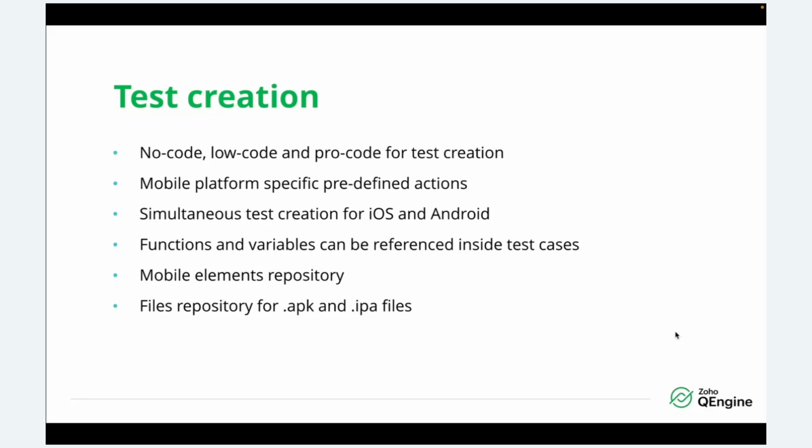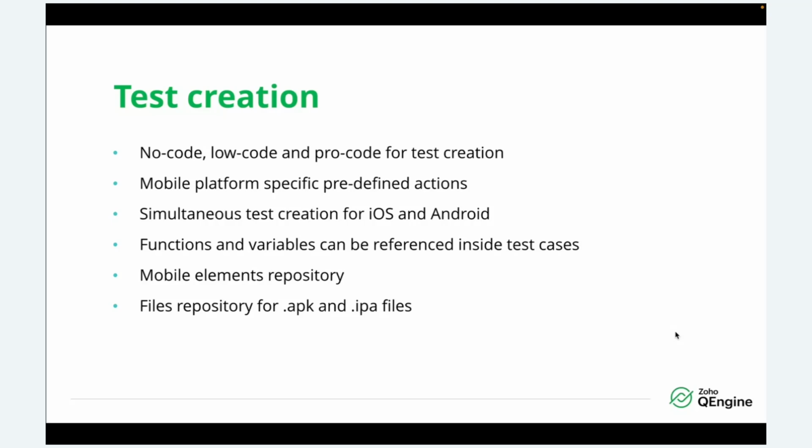And finally, the pro-code editor is easier for someone who wants to create test cases from scratch. And the actions that we were talking about for web are different from the actions available for mobile.